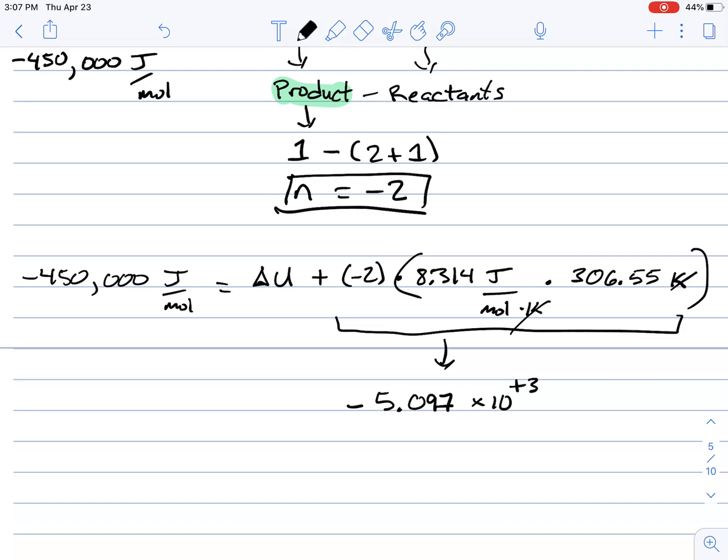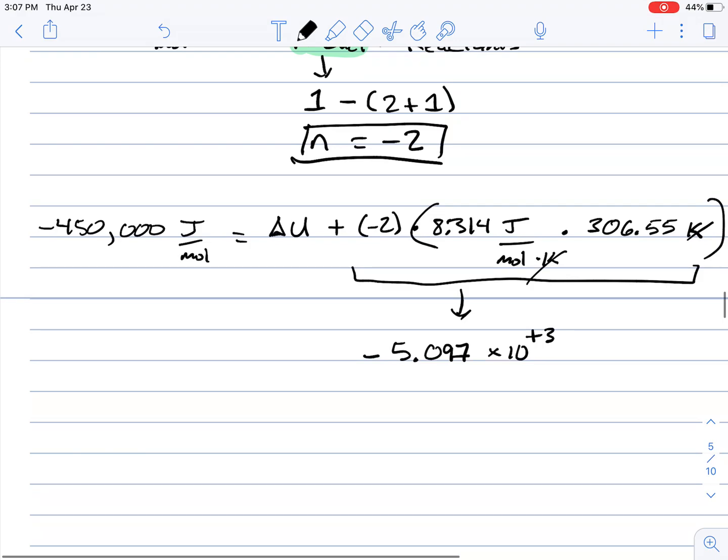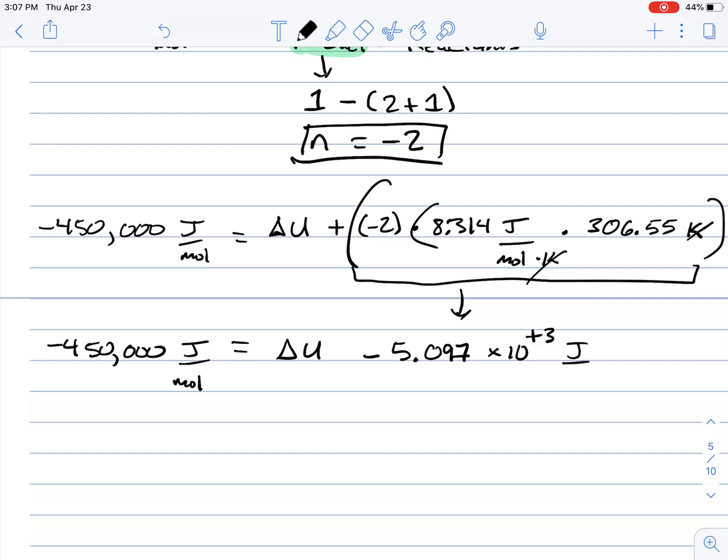Okay, so it's simply negative 5,097 if you expand the scientific notation. That's going to equal this value right here, and the unit that's left over when you multiply this whole thing is joules per mole.